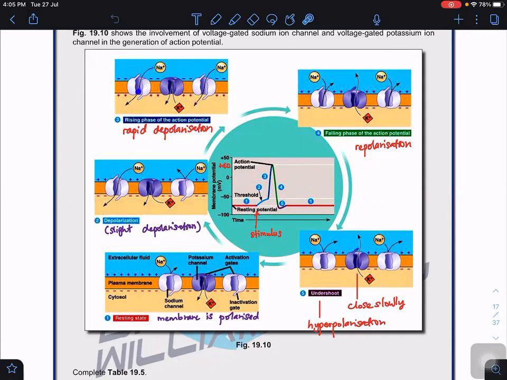Because so many positive ions enter, there is a rapid shoot up. Can you see that the gradient is so steep? It is because of the rapid influx of sodium ions due to all the voltage gated sodium ion channels being open. The entry of sodium ions now generates what we call the action potential.